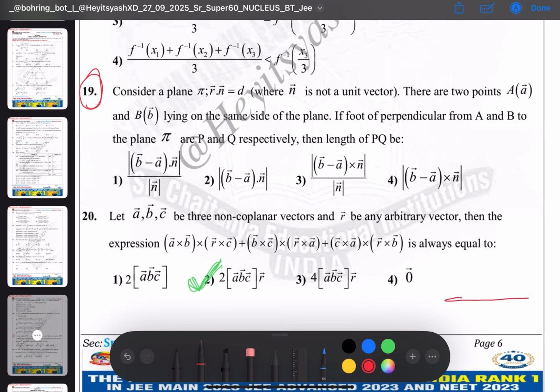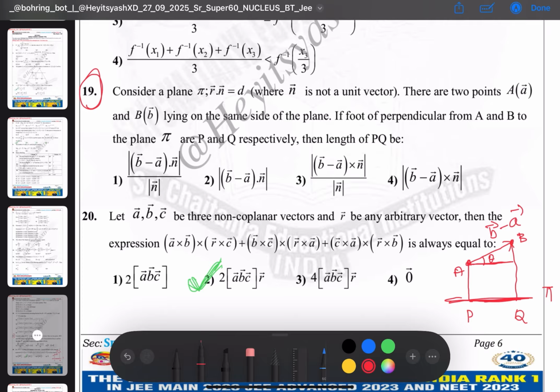Let us say this is a plane given. So this is pi. And let us say we have A here, we have B here. So this vector will be B bar minus A bar. And they are drawing perpendiculars here onto the plane. Now this is P, this is Q, and you have to find out this length. So let us say this angle is theta.